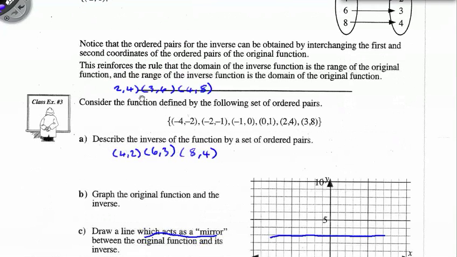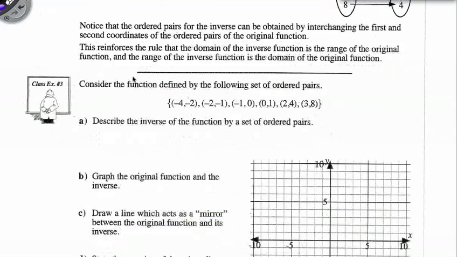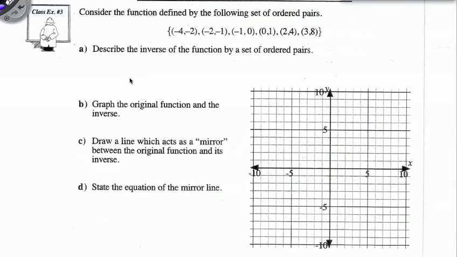Okay, so let's clear that and move down to the next example, example 3. And it's saying here, consider the function defined by the following set of ordered pairs. Describe the inverse of the function by a set of ordered pairs. So the inverse, they're using curly brackets and putting all the points in there.